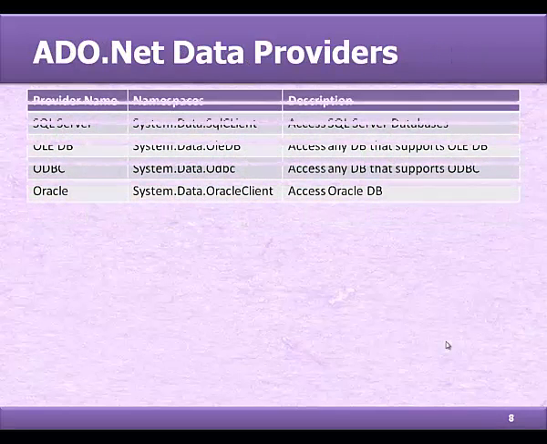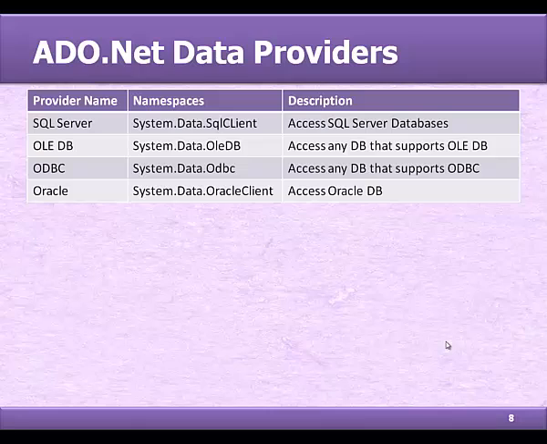We have different providers for different databases. If you are using Oracle, ODBC, OLEDB or SQL Server, these providers are nothing but the namespaces that we use for getting connected to those databases.